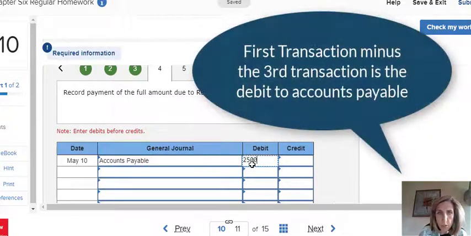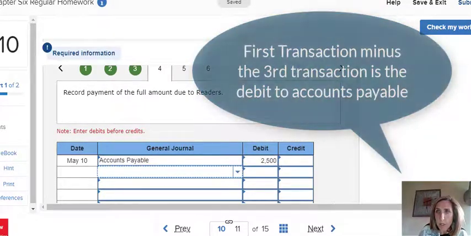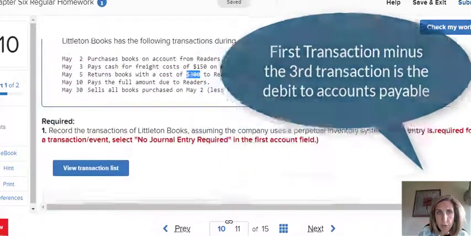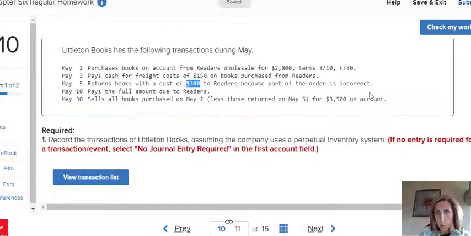I am going to credit cash, but I need to look and see if I have to credit cash for the full amount or if I'm going to be taking advantage of a discount. It says May 2nd was the time frame of when I purchased these books. If I pay within 10 days, so that would be by May 12th, I can take a 3% discount.